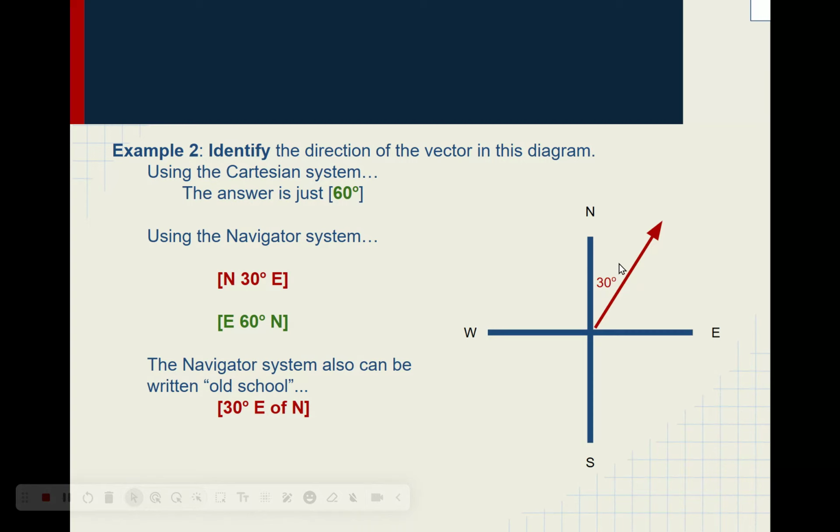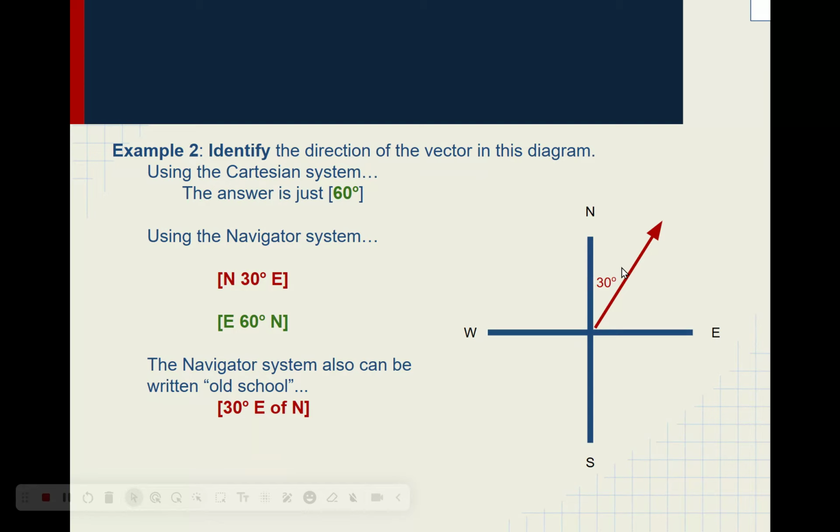Now, a way that I used to say this when I was a student, when I was looking at this angle up here, is we can't write it this way, but it's the way I said it in my head. Instead of saying the word of, I said the word from. So I would say 30 degrees east from north. So right in here, I am 30 degrees going towards east, from a starting point of north.